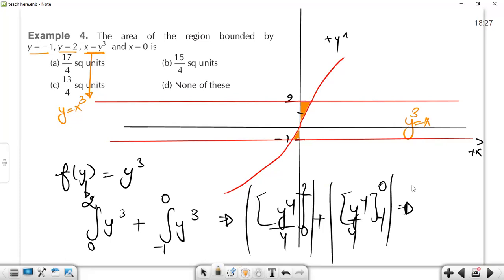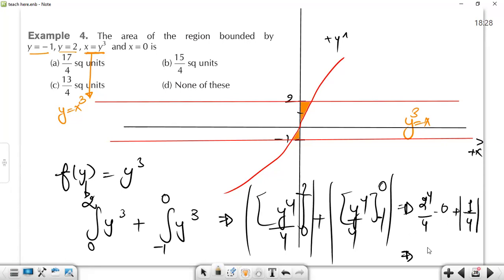Now 2 raised to power 4 by 4, minus the value at y equals 0, so that term becomes 0. For the second term, at y equals 0 it is also 0, and when we substitute -1, -1 raised to power 4 becomes positive 1 upon 4.